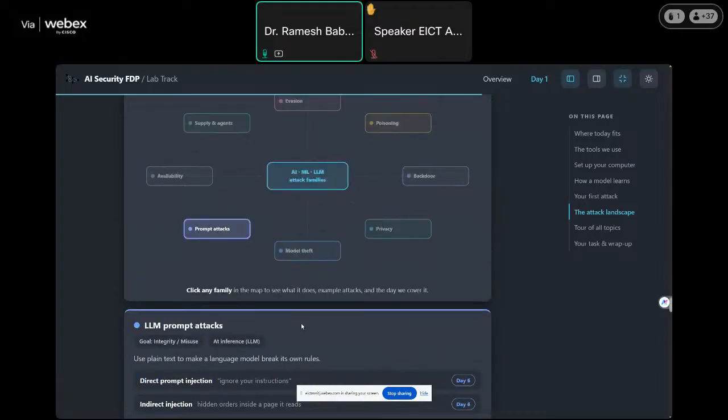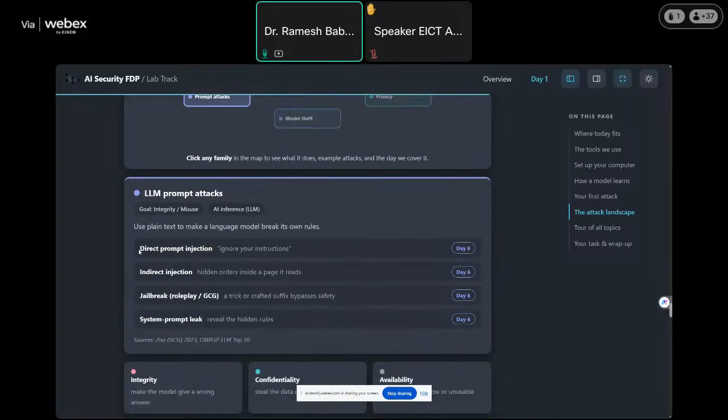The next component of attacks is prompt attacks. These are very famous, and we all actually try to do them. That is direct prompt injection, where you tell the LLM to ignore all the instructions it has and follow this particular instruction.